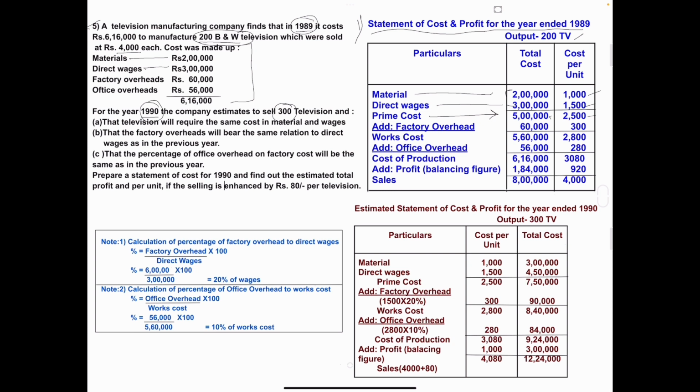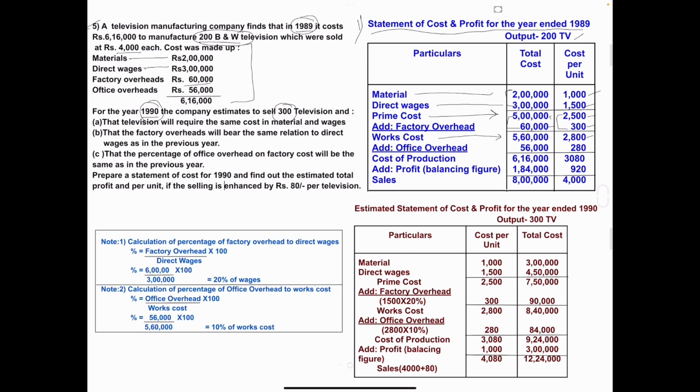Next, add factory overhead. Factory overhead amount is 60,000, and cost per unit 60,000 divided by 200, we will get 300. And total of these two 5,60,000, and here 2,500 plus 300, we will get 2,800. This is called works cost.